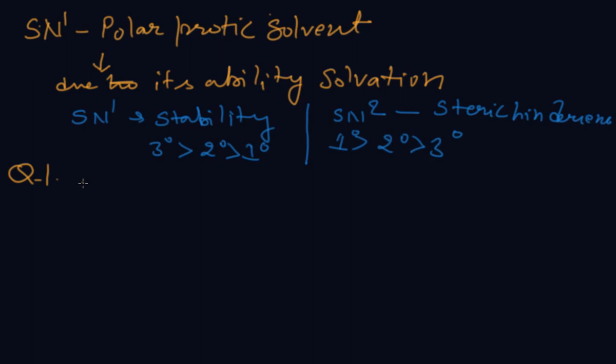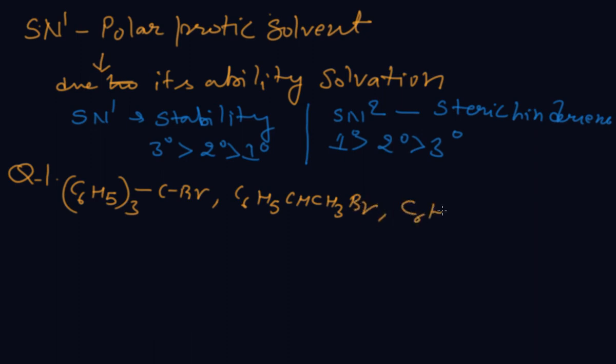Suppose that he will give you this example: (C6H5)3CBr, then C6H5CH3Br, and one more example, this is (C6H5)2CHBr and CH3Br.